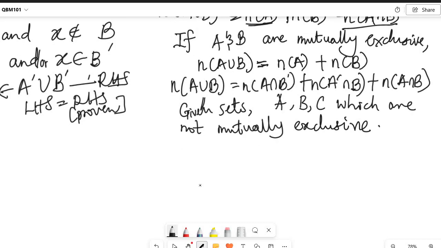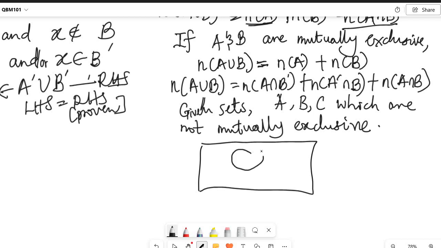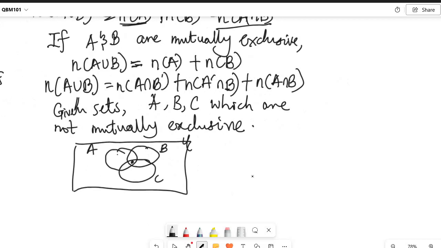In a Venn diagram, imagine you have this A, B, and C. If you look at this Venn diagram carefully, you would see that there is an intersection between the three sets. So how do we evaluate this?